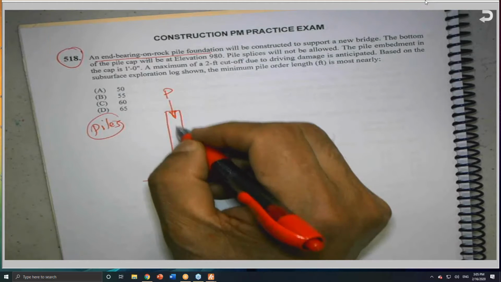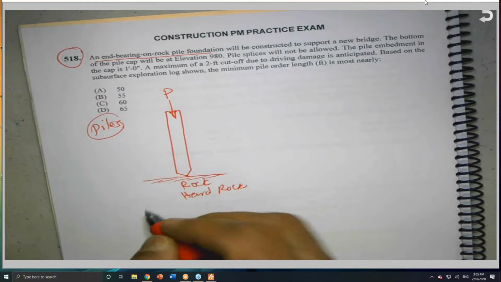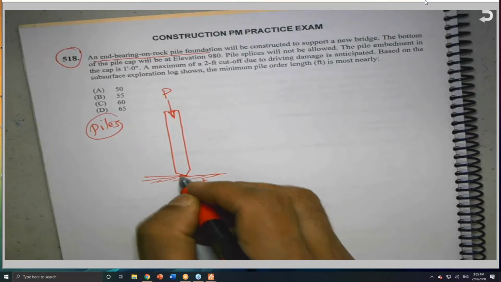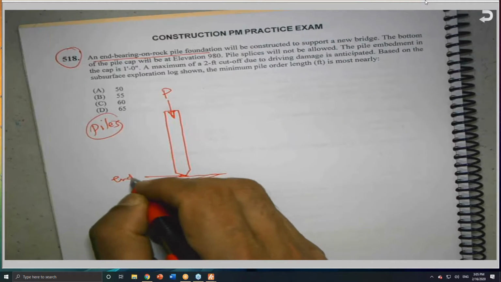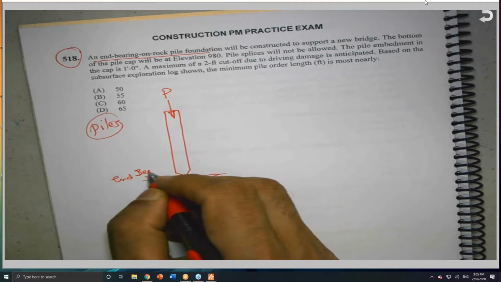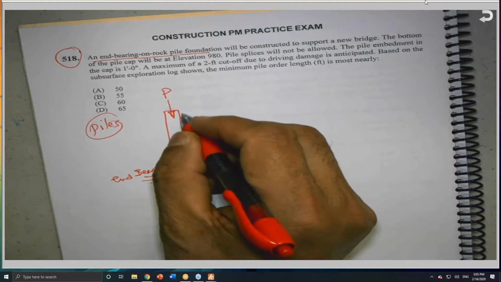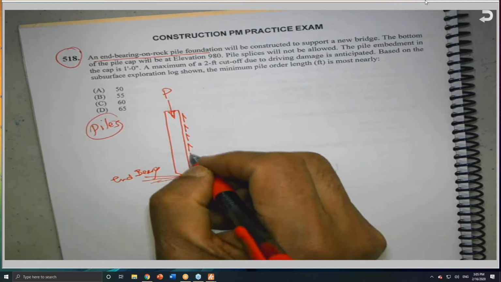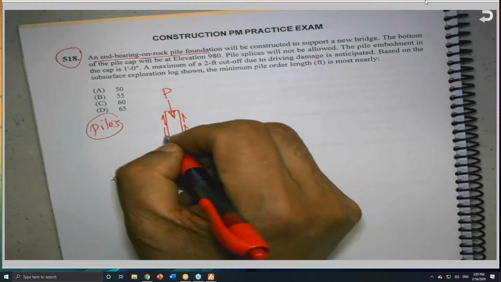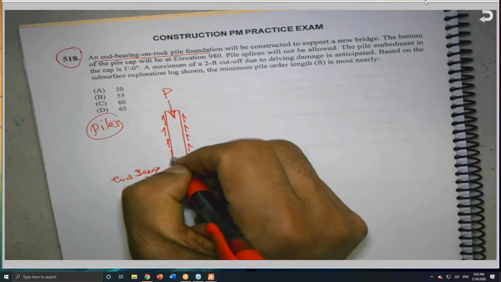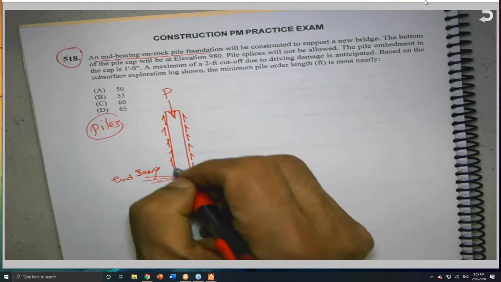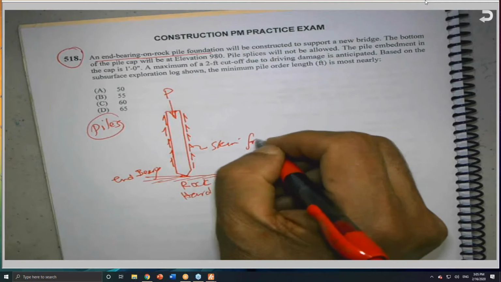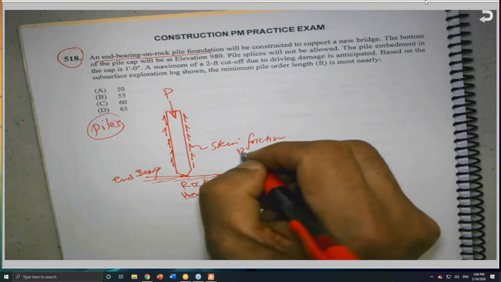It's called end bearing, because there are two ways that the load can be resisted: end bearing, or along the shaft, which is called skin friction resistance.